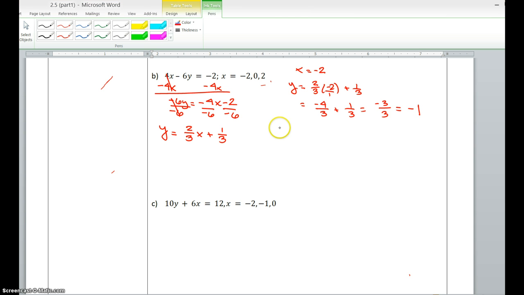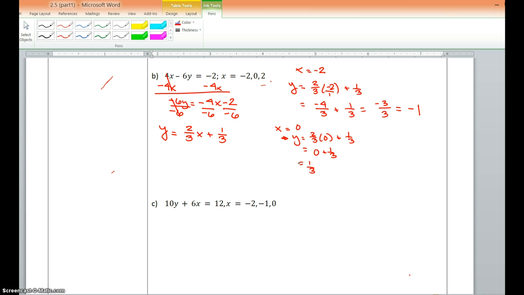The next one is x equals 0. So y is equal to 2/3 times 0 plus 1/3. 2/3 of 0 is 0, plus 1/3 equals 1/3.